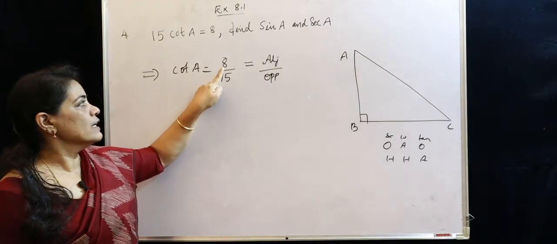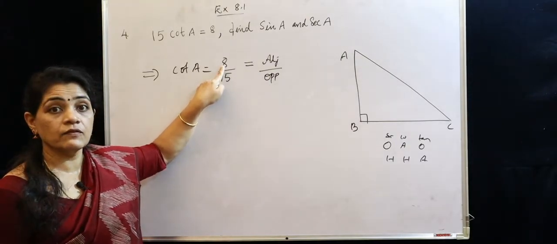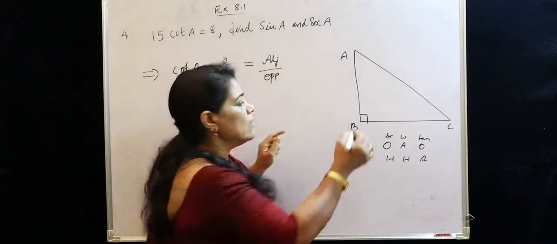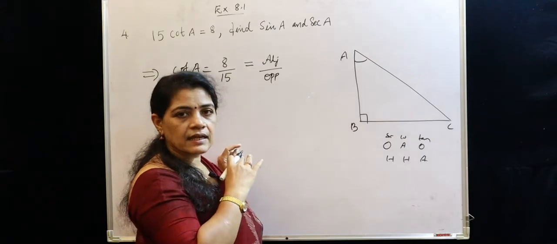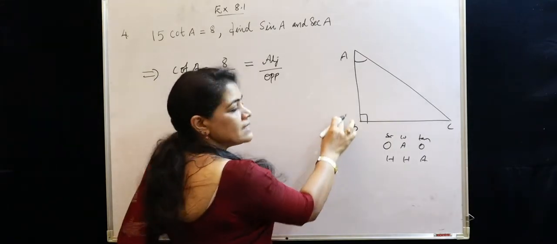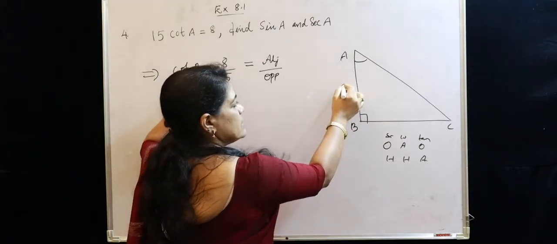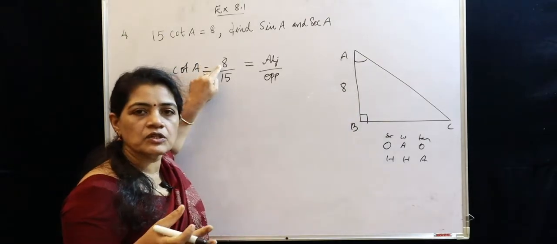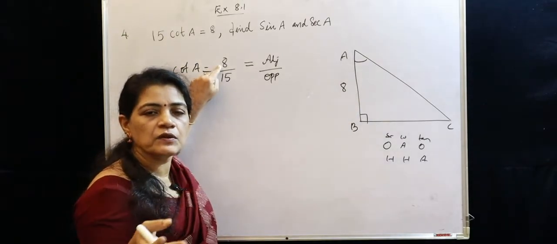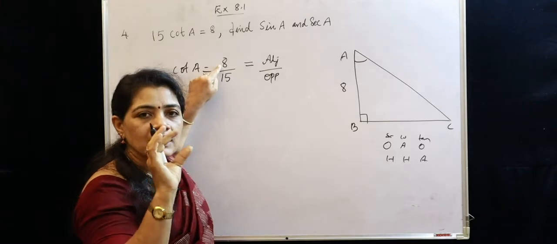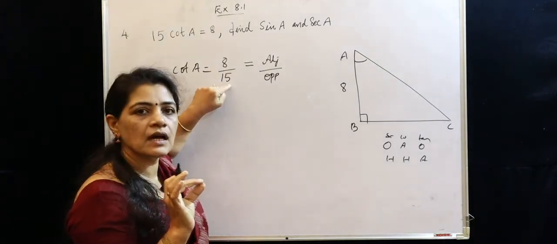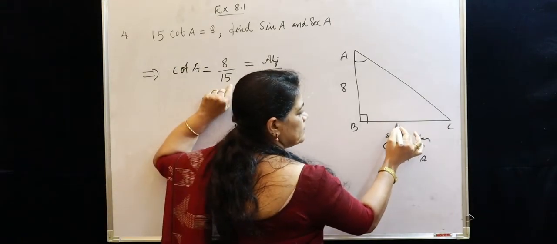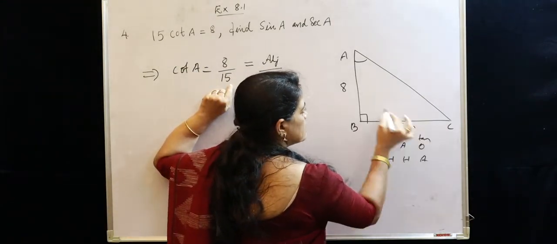With respect to angle A, the adjacent side is AB and that is 8, and the opposite side is 15, in the simplest form after reducing the common factor, 15 centimeter.